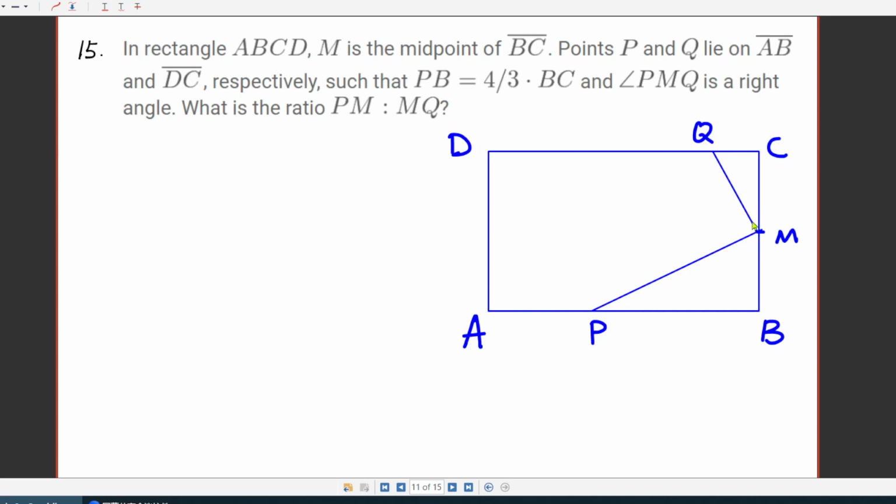Angle PMQ is a right angle, and we need to find the ratio between PM and MQ. Okay, first of all, we know angle B equals angle C equals 90 degrees.